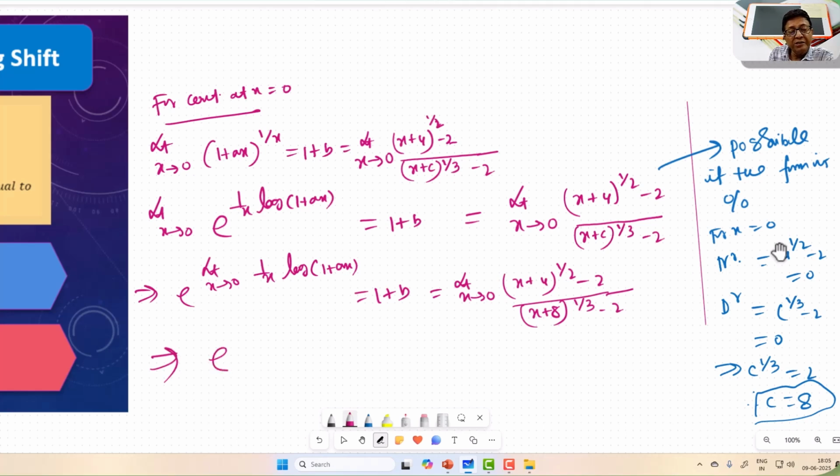This implies e to the power form 0 by 0. You can differentiate numerator and denominator, isn't it? So it will be 1 by x by 1 by x into a. Wait a minute.